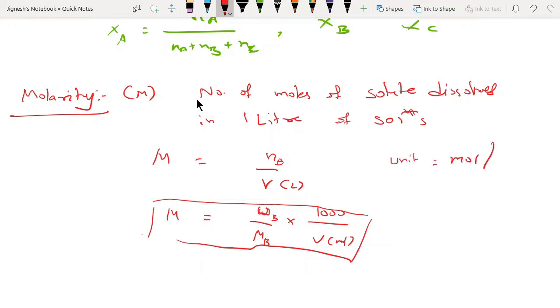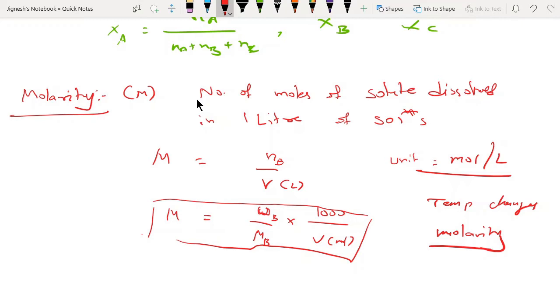The unit of this is mole per liter, and this completely depends on temperature. It means if temperature changes, molarity also changes, and that's why in industry when you have to use a certain molar solution, they have to prepare it fresh on the spot.